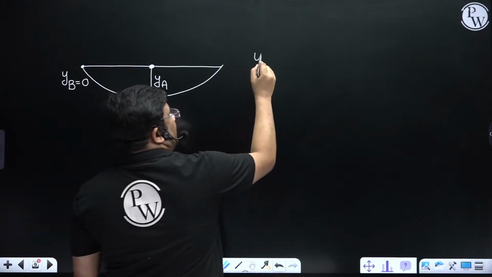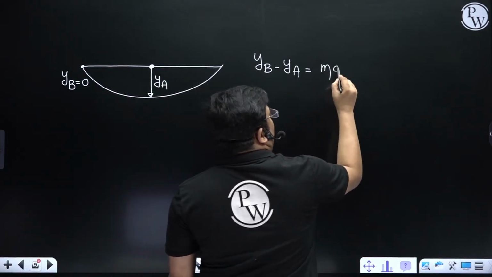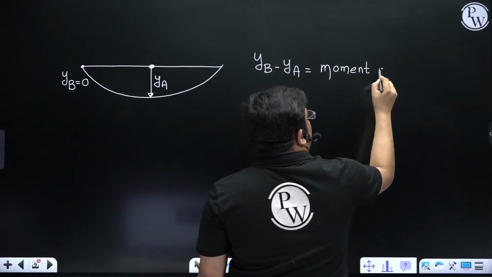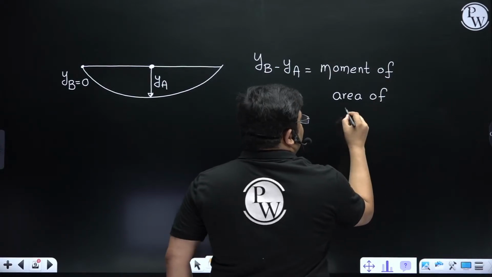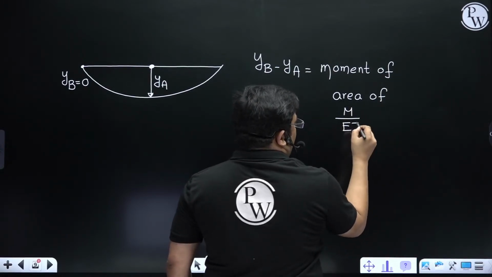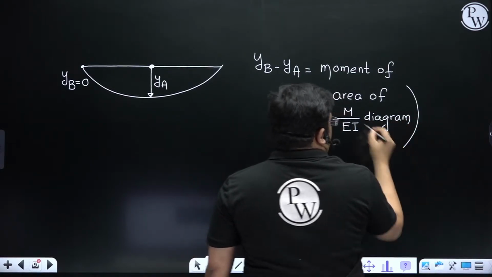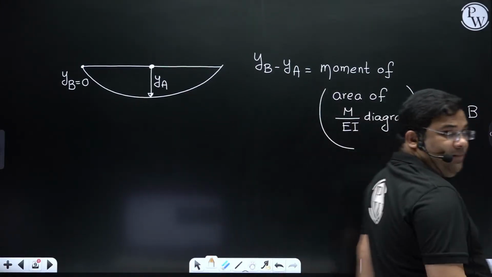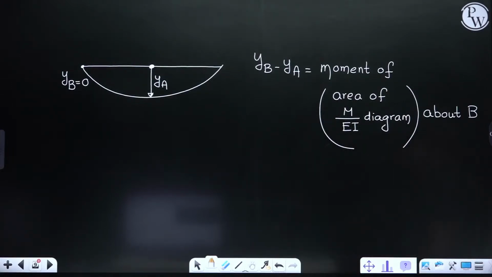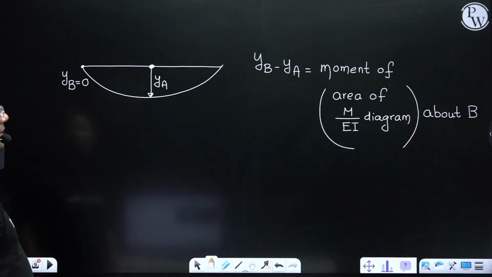Now we can take YB minus YA is equal to the moment of the area of the M by EI diagram about B. About B we have to take.